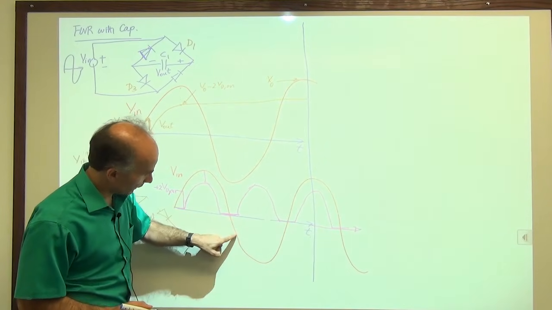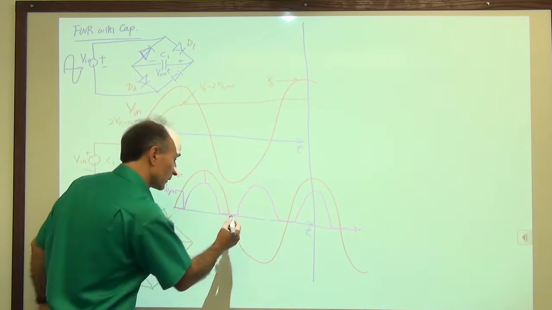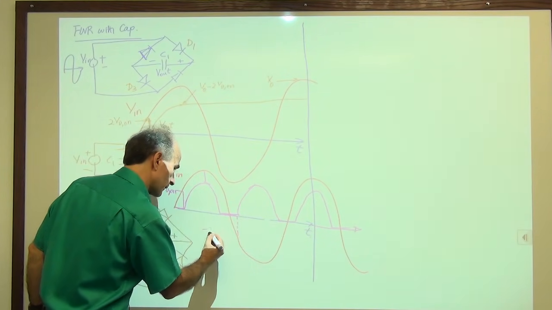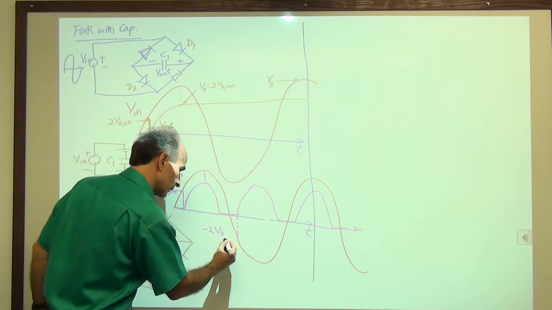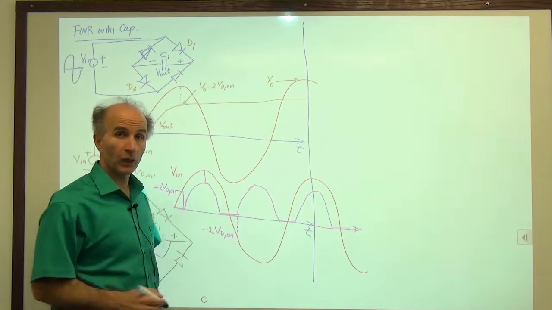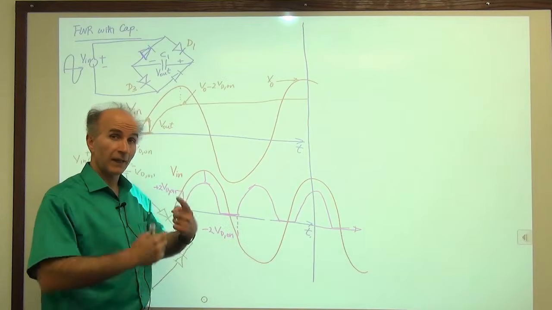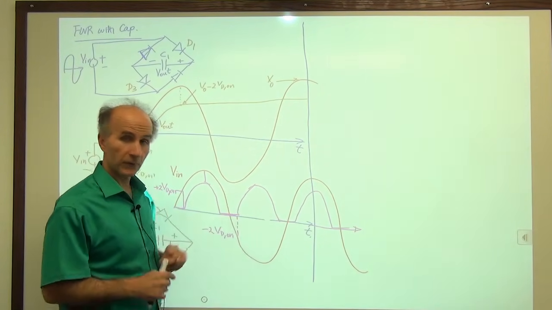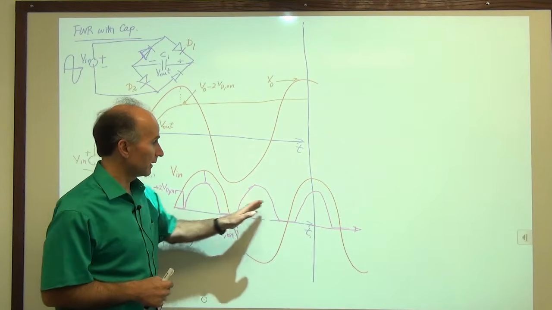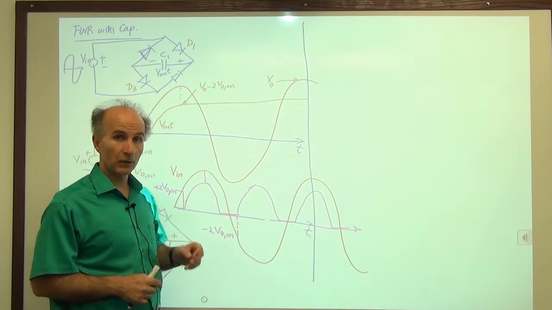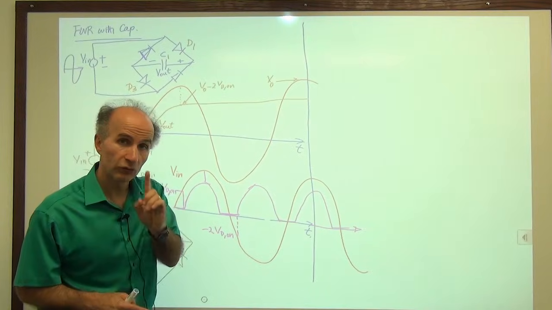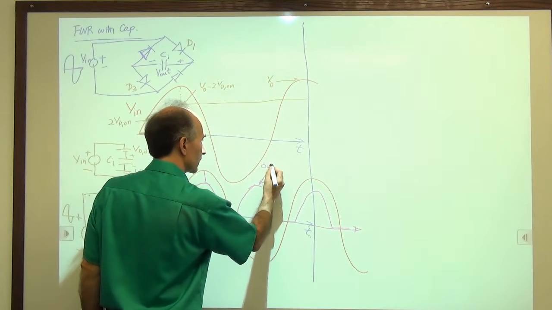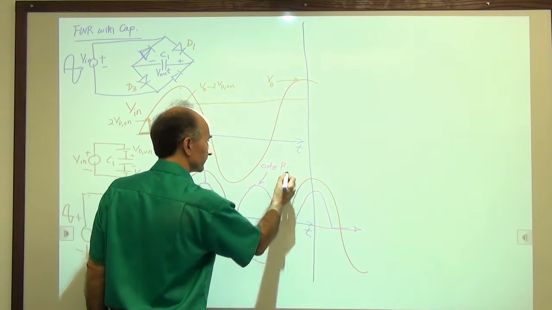Similarly, when the input becomes negative enough, so around here, when it's minus 2 VD on, then the other 2 diodes turn on, they negate the input and create an output, like so. So that is the output behavior when we have only a load resistor. So we'll say only R1.